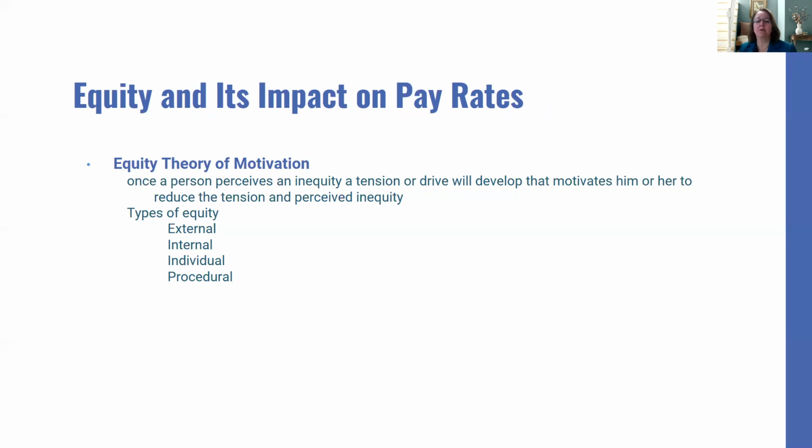So external equity refers to how a job's pay rate in one company compares to the job's pay rate in other companies. Now, there's a drastic difference between the for-profit sector and the non-for-profit sector. So in some nonprofit sectors, the nonprofit sector pays about 60% of what the for-profit sector is.